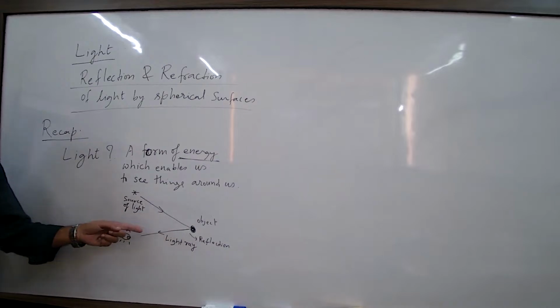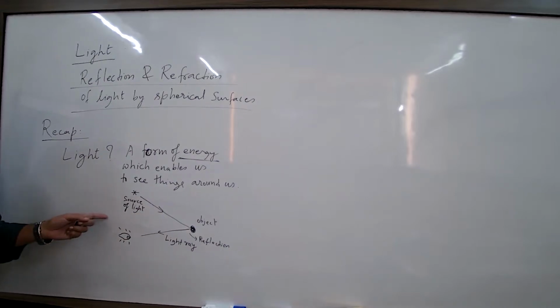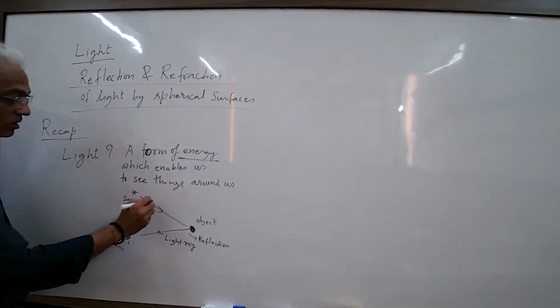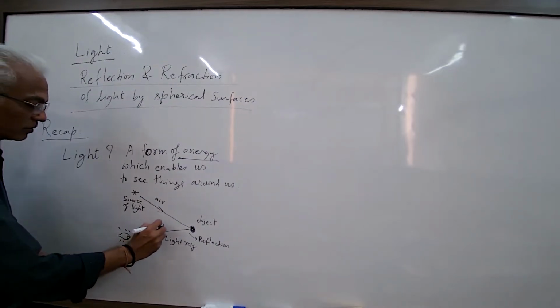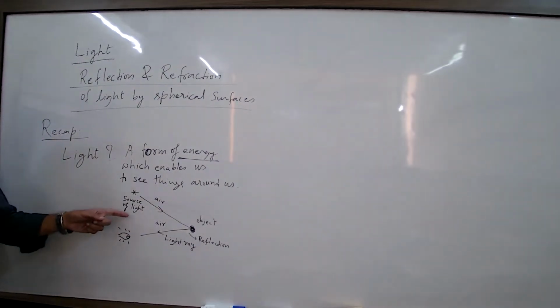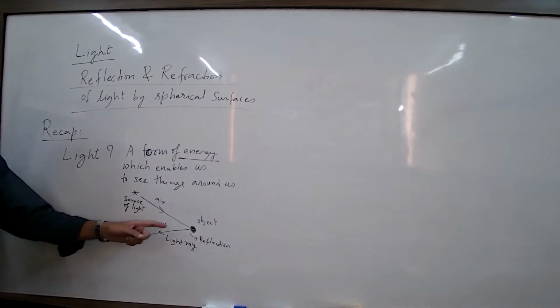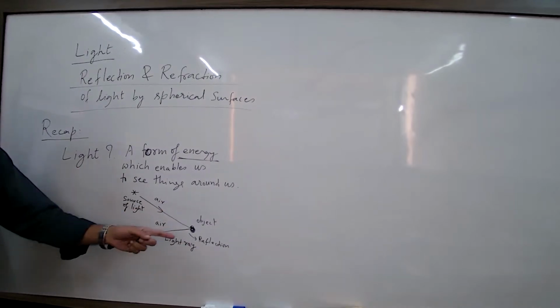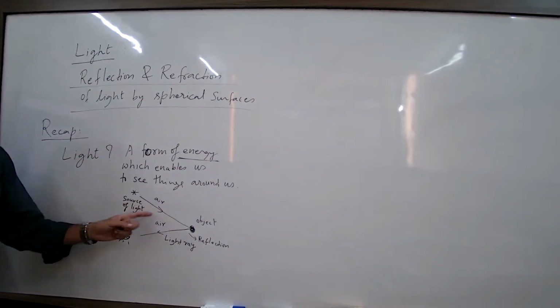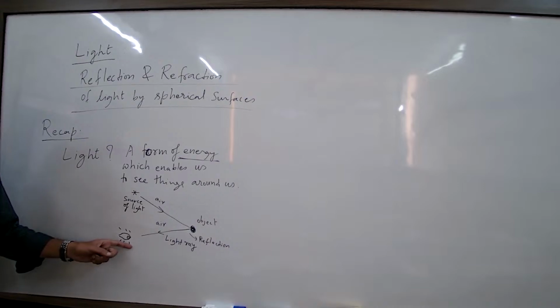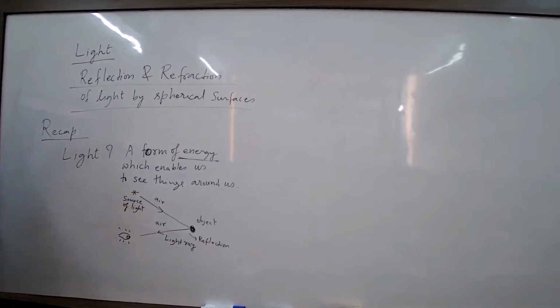Bouncing back of the light by the object in the same medium. Light is traveling in air, and it is reflected back in air. That's how this object is visible. Any visual sensation is termed under optics. This optical information is carried by the reflected light. Then the eye is a tool which will recognize it, and the brain will recognize it.